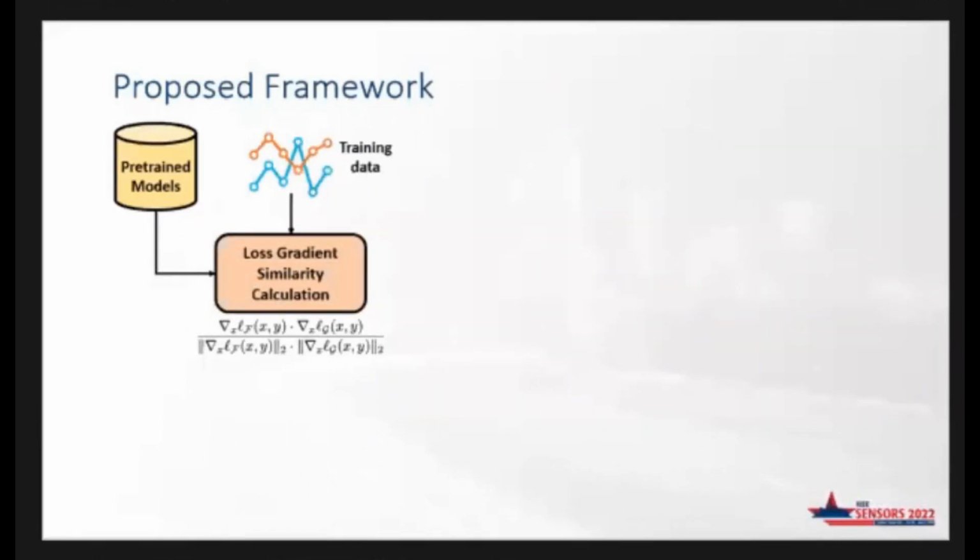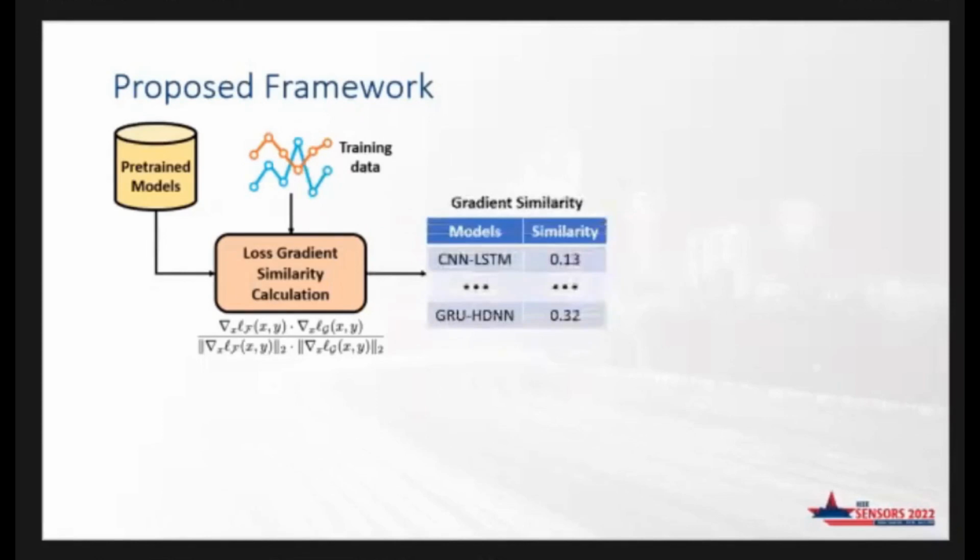We first calculate loss gradient similarity in a pairwise manner. Here we use cosine similarity. Then we end up with a table like this, which gives us pairwise similarity. The smaller the similarity, the more diverse the models are. Then we select, as I mentioned, a subset of models which are as diverse as possible.